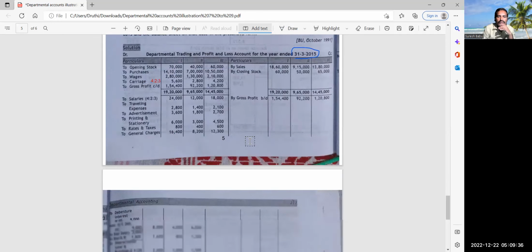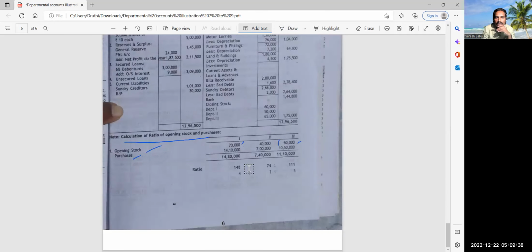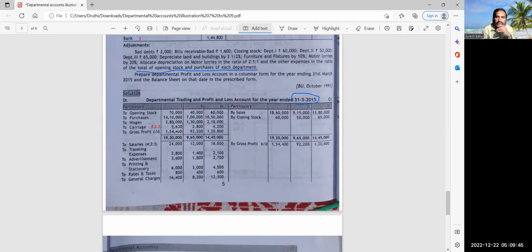What is that ratio? See here, 4:2:3. Same now? Got my point? So the remaining I will not type, it is implied. Okay. Then before balancing it, what do you do? Closing stock 60,000, 50,000, 65,000.